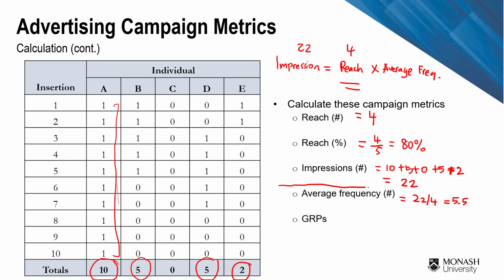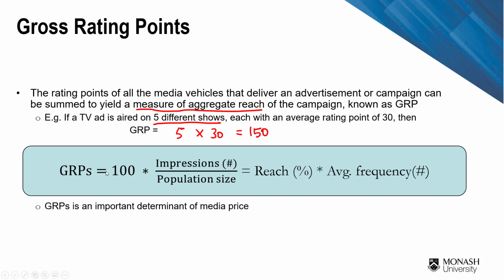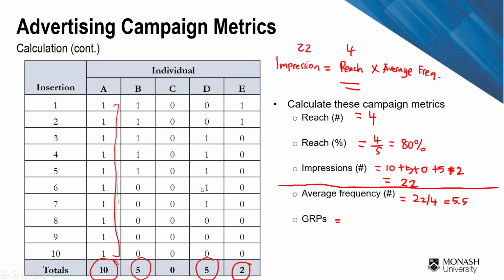Now I'm just going to draw a line here so that you don't get confused. Last is the gross rating point. There are a number of ways to calculate this, but if we stick to our original formula, the first one, GRP is basically 100 times impression divided by population size.